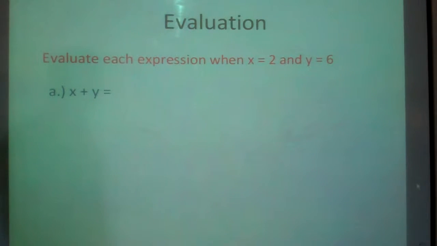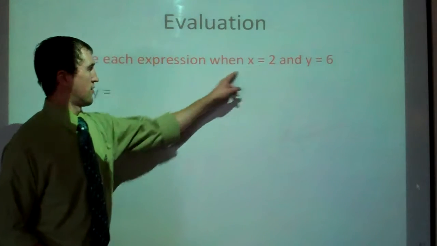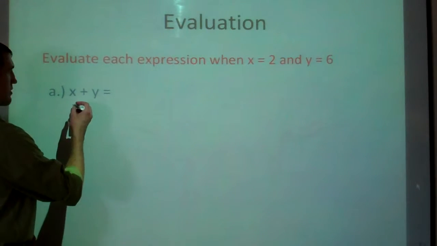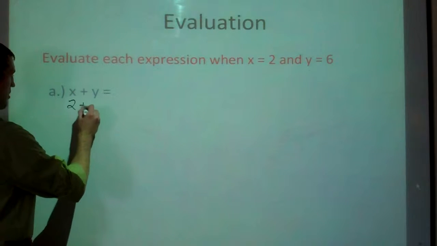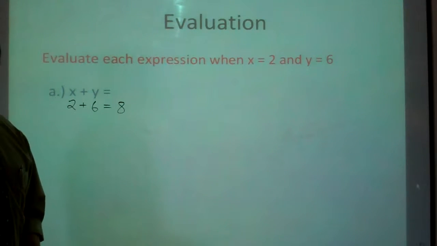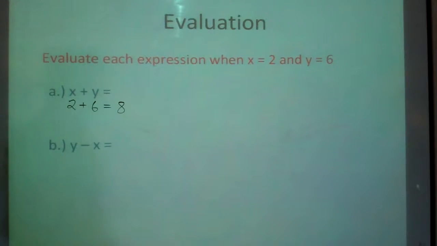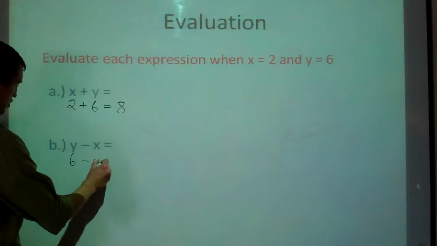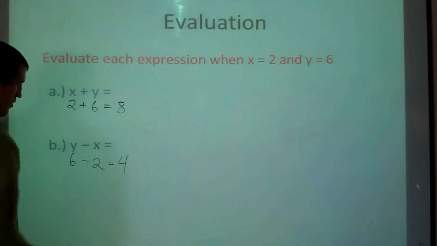So if x plus y is our expression, we just substitute 2 in for x and 6 in for y, and we will get 2 plus 6 equals 8. So it's basically substitution. Same with subtraction: y minus x, well, that is 6 minus 2, you get 4.